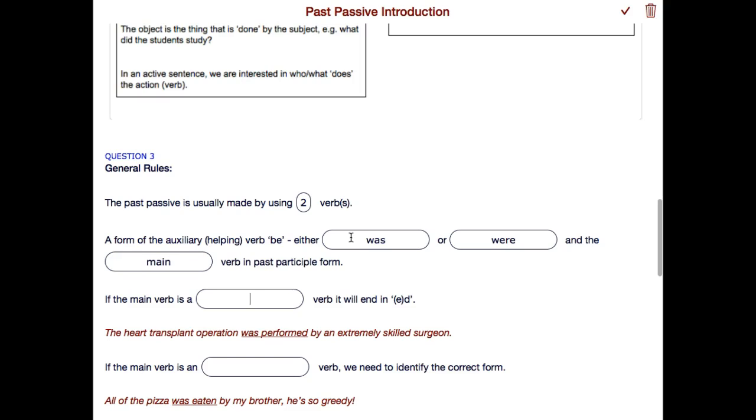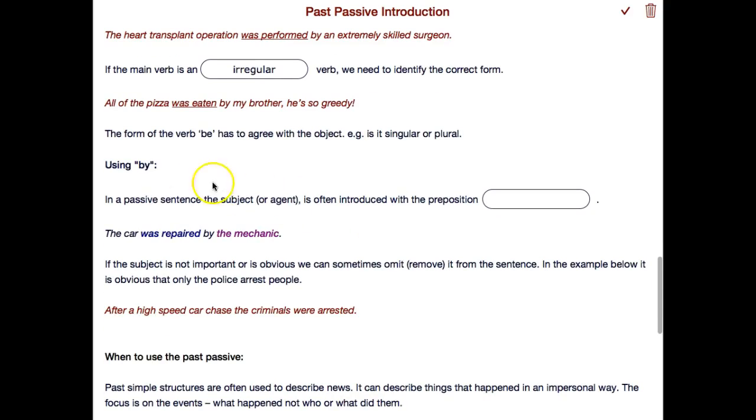If the main verb is a regular verb, it will end in ed. If the main verb is an irregular verb, we need to identify the correct form. Now, looking at using by, in a passive sentence, the subject or agent is often introduced with the preposition by. Okay?